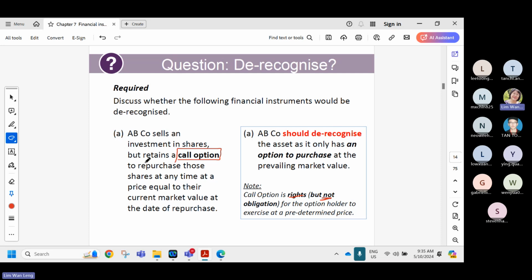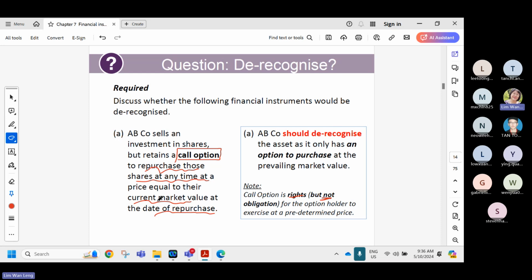AB company sells an investment in shares. So that means they have sold some shares to another party, but they retain a call option to repurchase those shares at any time at a price equal to their current market value at the date of repurchase. So they tell you, actually I sold you the shares already, but at any point I want those shares, I can buy back because I have this call option.